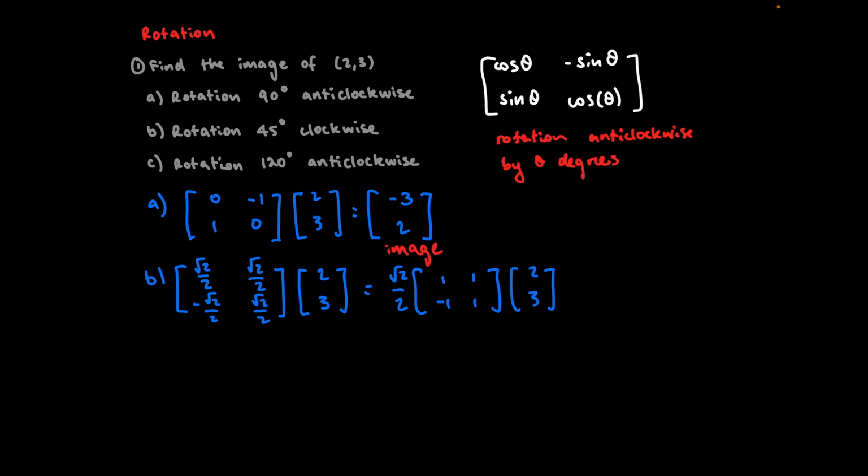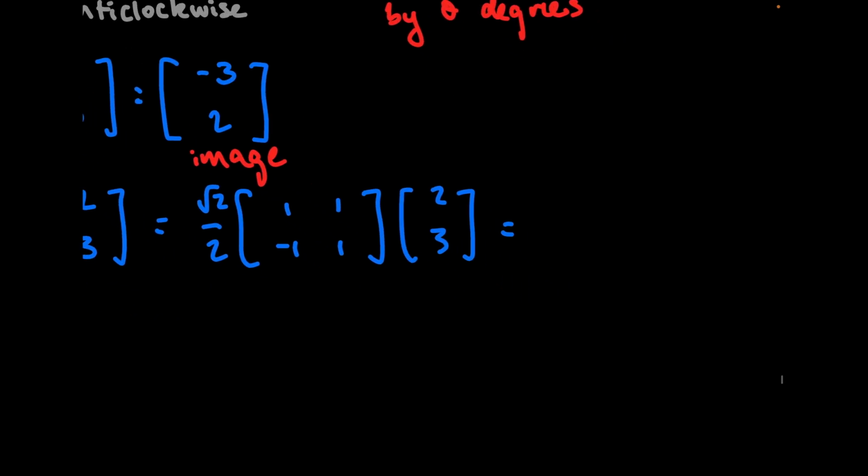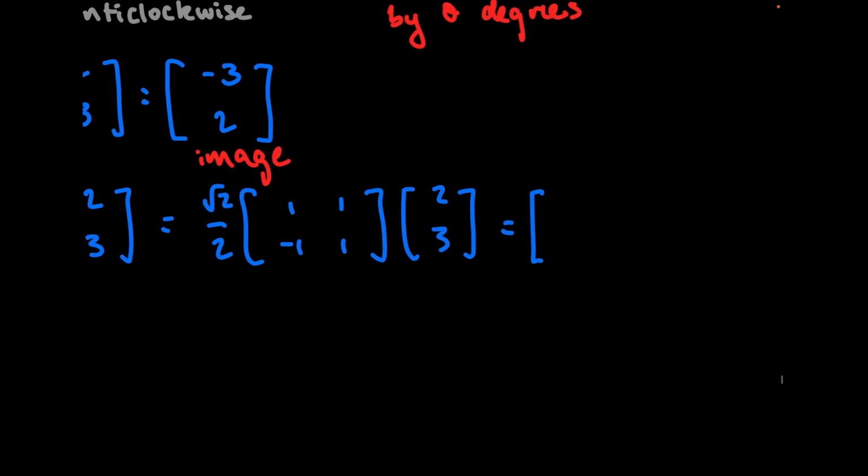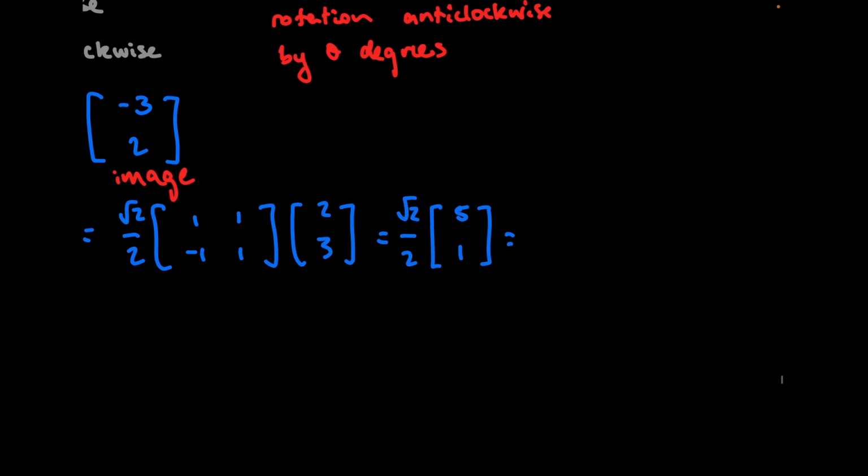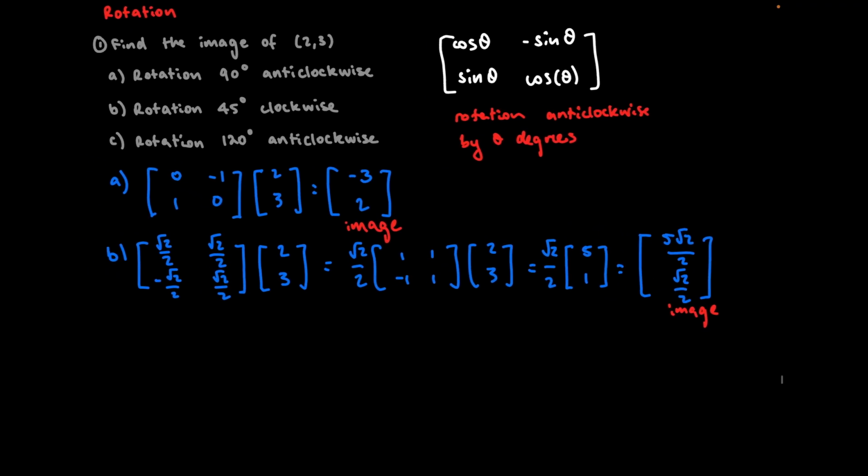So let's first do the matrix multiplication. It is 2 plus 3, which is 5, then minus 2 plus 3, which is 1. And we also have to remember the root 2 on 2 on the outside. So now if we simplify it, the new coordinates are 5 root 2 over 2 and root 2 over 2. So this is our image coordinate of the new point. And that's a rotation 45 degrees clockwise.